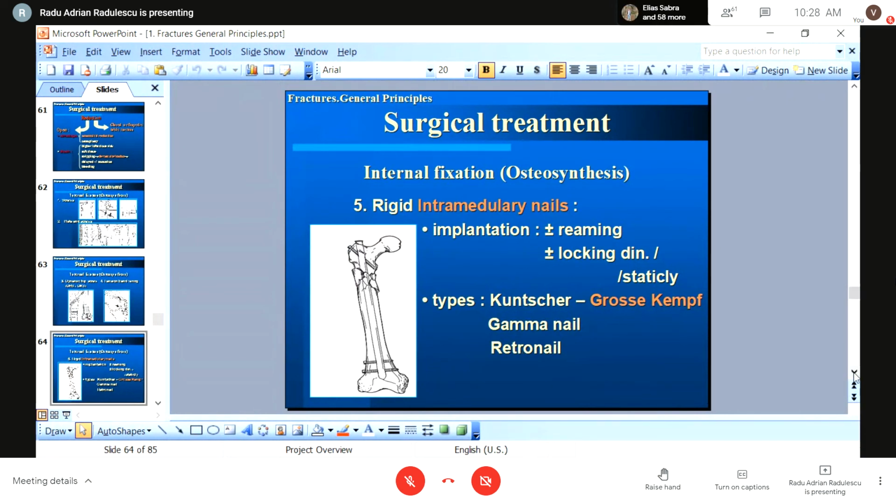All those intramedullary fixation devices are very physiological from the point of view of bone union because they don't interfere with the fracture hematoma. They are usually introduced by using the X-ray image intensifier, after a previous closed reduction, and after that the rod is introduced intramedullary.